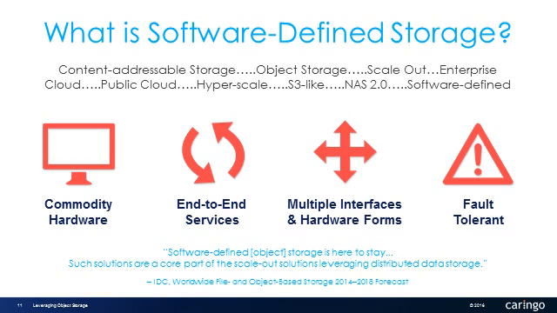All of these have some notion of software-defined storage, and the essential elements are starting with commodity or standard servers, abstracting the storage software from the underlying hardware, adding end-to-end management services and access, an ability to scale out the hardware, and all with built-in fault tolerance. You can see the quote from IDC, which says software-defined or object storage is here to stay. Such solutions are a core part of the scale-out solutions, leveraging distributed data storage. So that's the notion of software-defined storage.